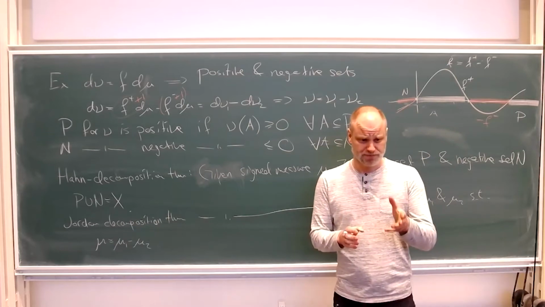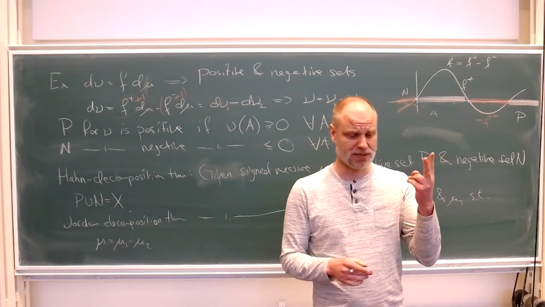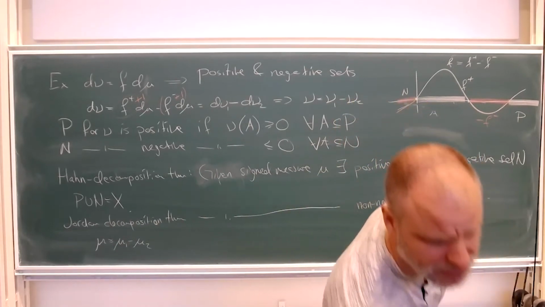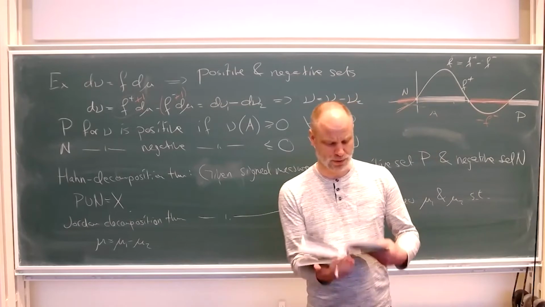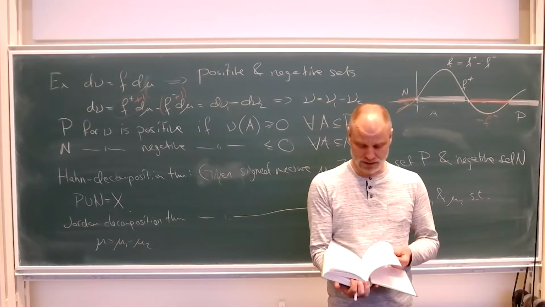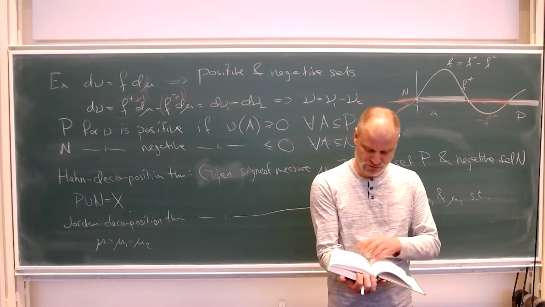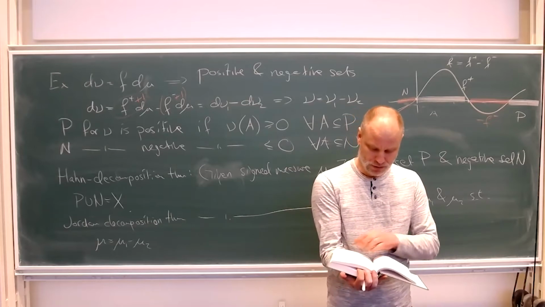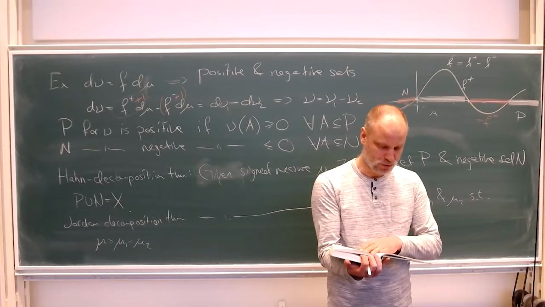In the book, there are two first lemmas, which are somehow the signed measure counterpart of these two. Like 1.2.5 or something, that we used a lot, right?